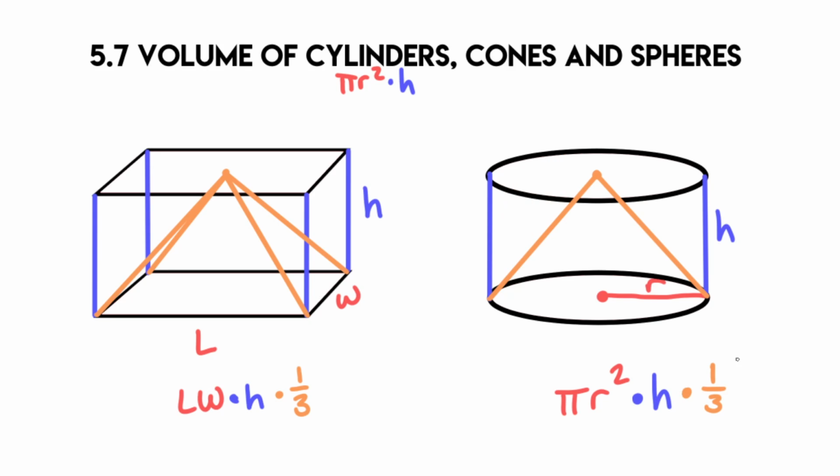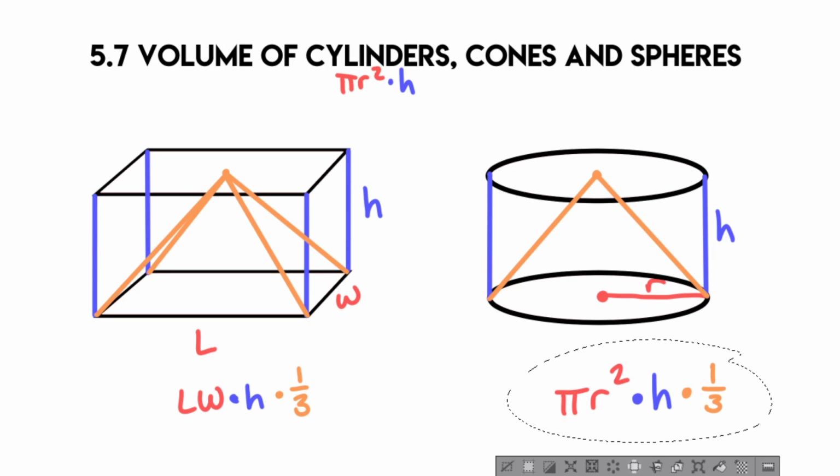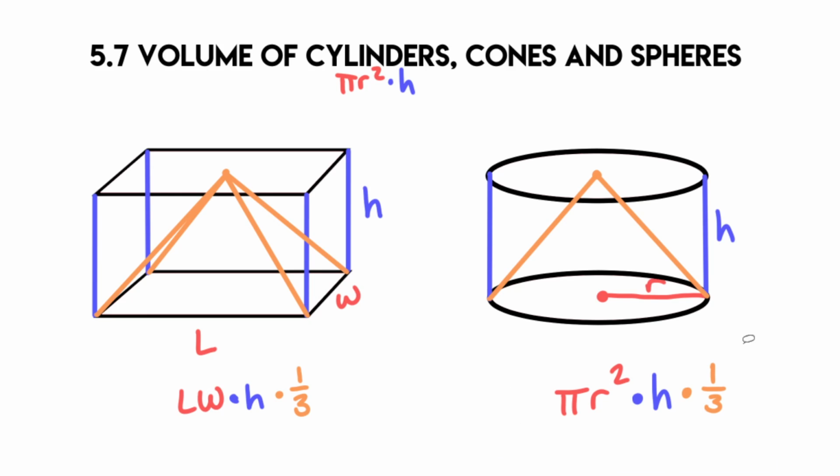Cool? So now we have the formula for our cone as well. Again, I want to emphasize, this started as a circle, then a cylinder, and now a cone: three steps.